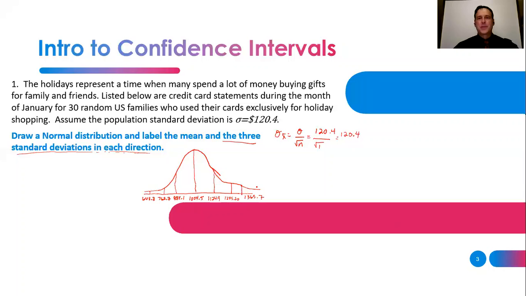sample. Now, I want you to go back and remember something from an earlier chapter, probably chapter 2. I'm drawing the same curve here, and there are some things I want you to remember based off the mean.